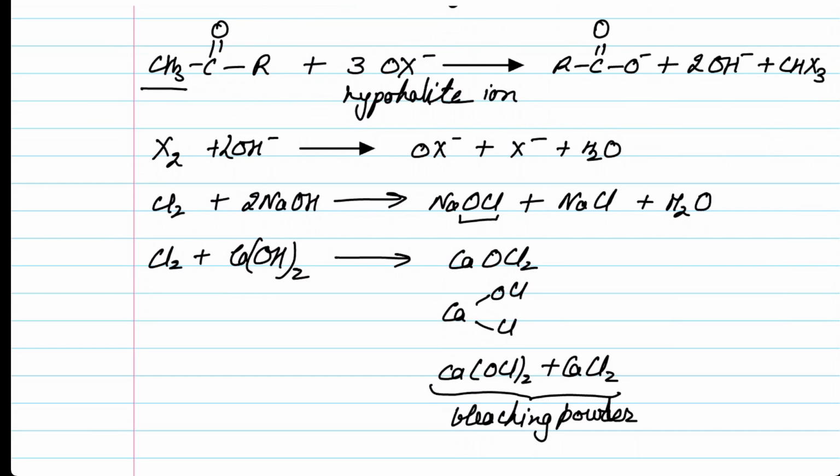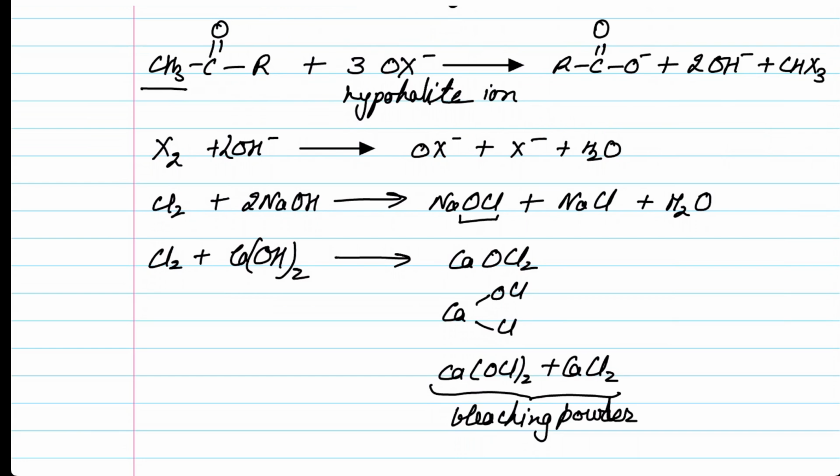Further, this reaction can also be used to distinguish between methyl ketones and non-methyl ketones, such as between propanone, that is acetone, and propanal, that is an aldehyde. It can be used to distinguish between 2-pentanone and 3-pentanone. 2-pentanone has 3 alpha hydrogens on one side, while 3-pentanone has only 2 alpha hydrogens on any of the sides.